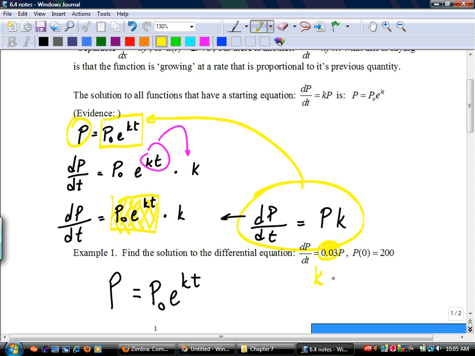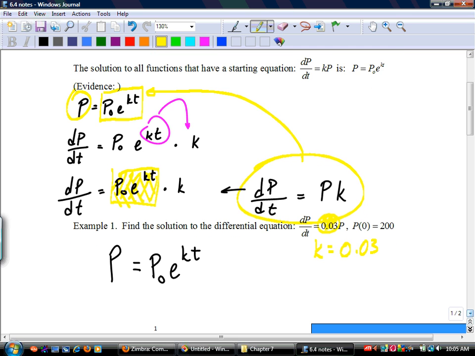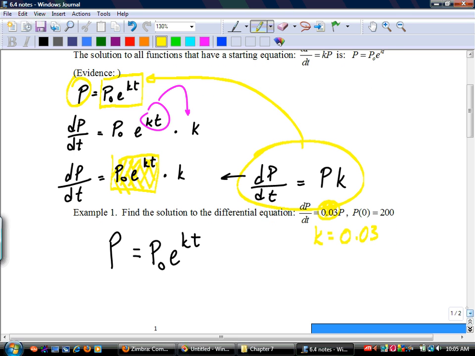It tells you k, yeah, k is 0.03. And then it says P of 0 is 200.